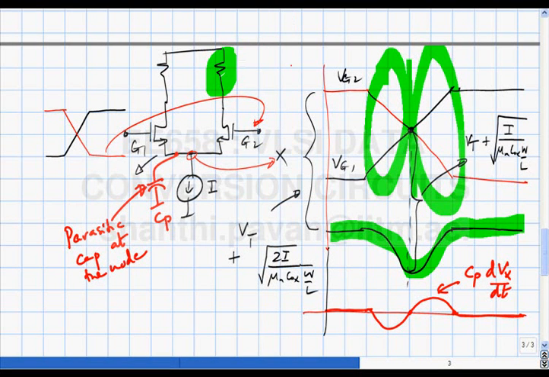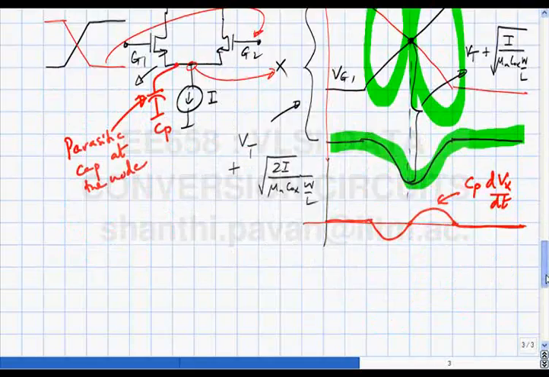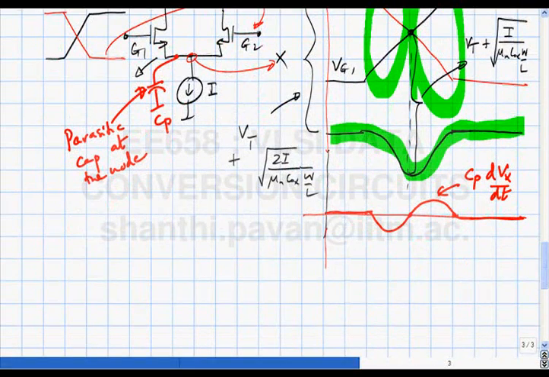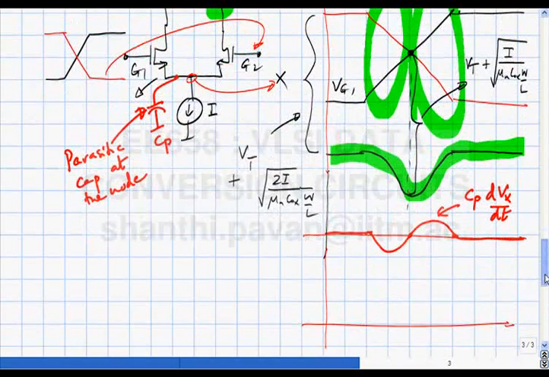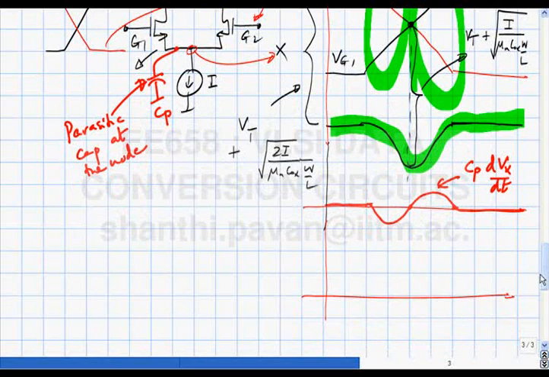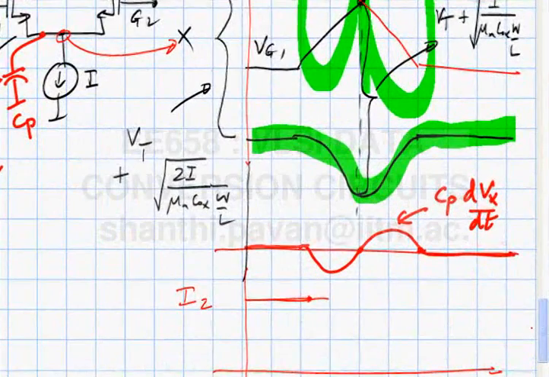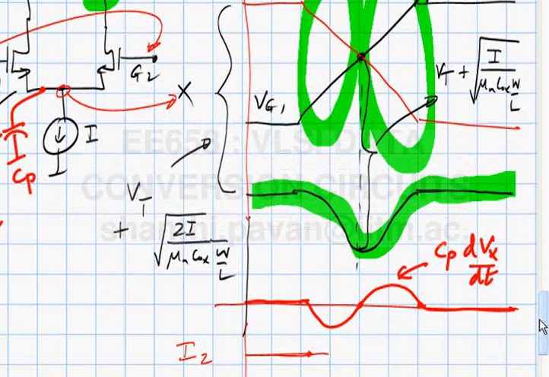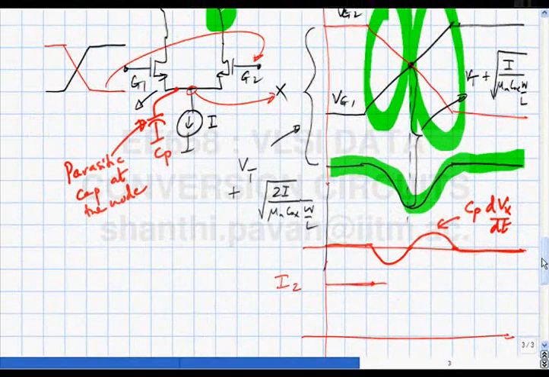Ideally you were expecting the current in the transistor on the right to do this. When Vg2 is high, all the current I should flow through transistor 2.